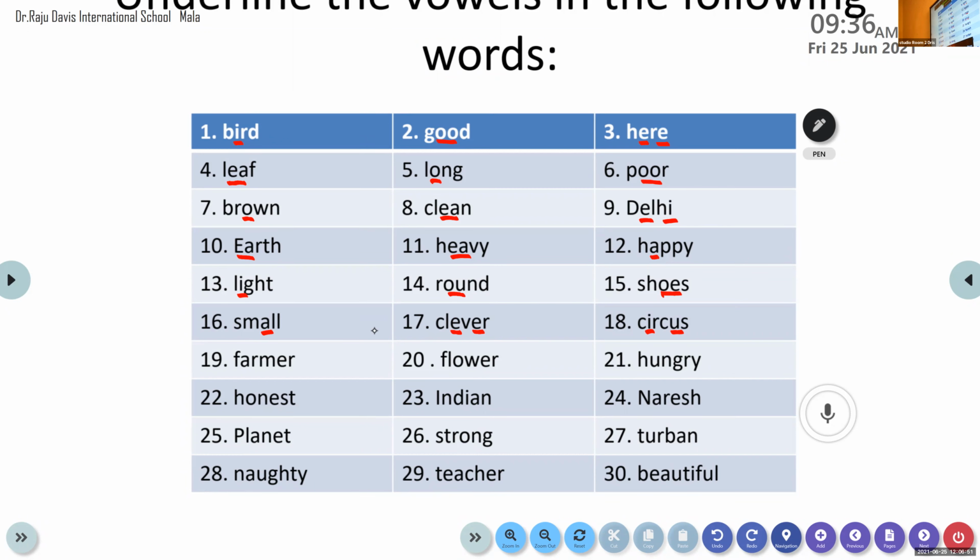Here R's are there, we are not giving stress to the R. So we pronounce the word as farmer. Okay, so pick out the vowels in it. Yes, which are the vowels there? A-E. So there are 2 vowels in it. Yes, very good. Okay, now let's move on to the next person. Thank you, ma'am. Very good.